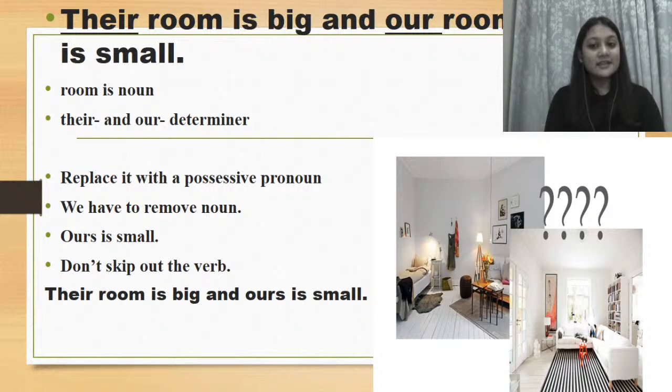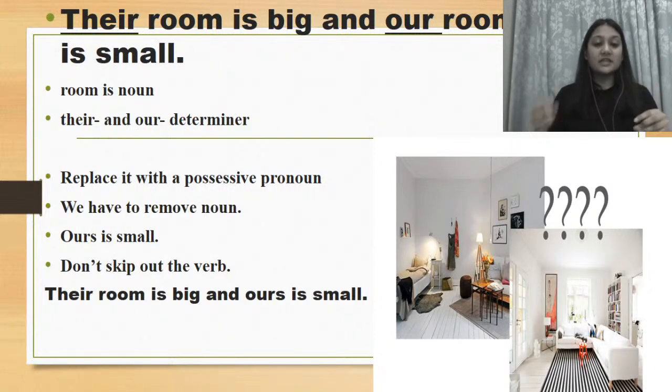Remember, the pronouns are supposed to be theirs, ours, his, hers, its. Now it will be: their room is big and ours is small, right? Earlier it was: their room is big and our room is small. So we have two nouns, which is why it falls under the category of determiners.